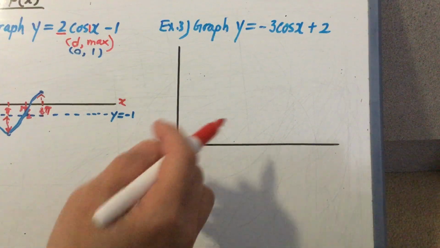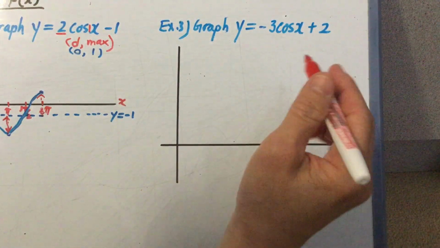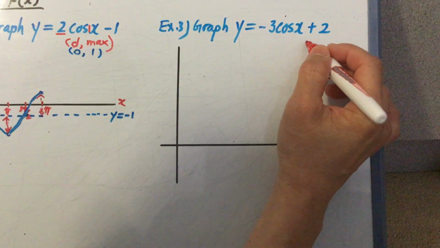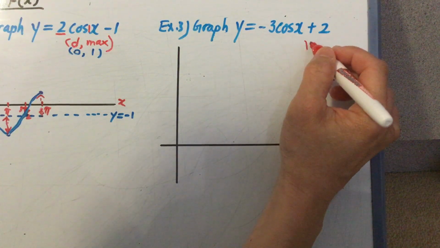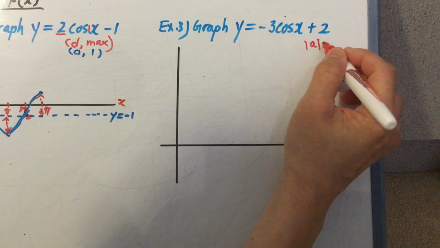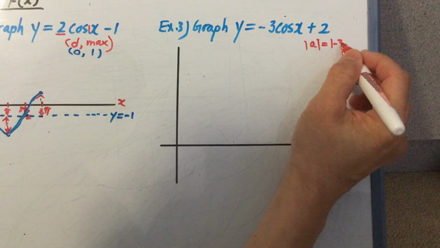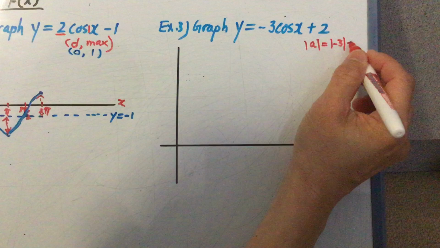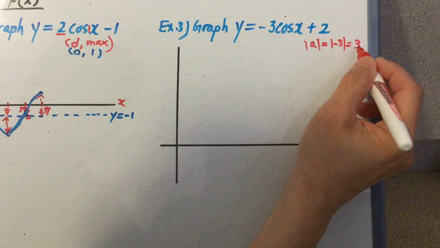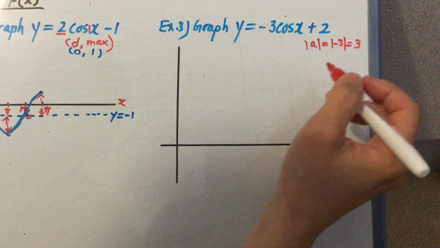Maybe this is easy to see. So right here, I have the amplitude of the a. That means I'm going to have absolute value of the negative 3, but that will also give me a 3. So amplitude is equal to 3.